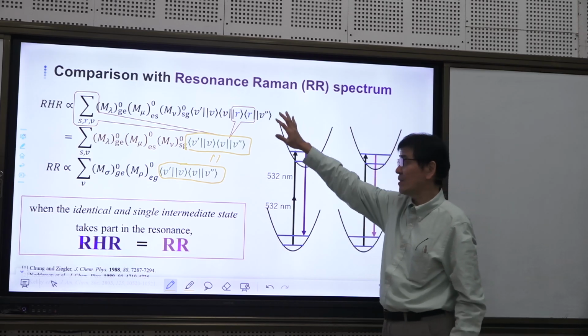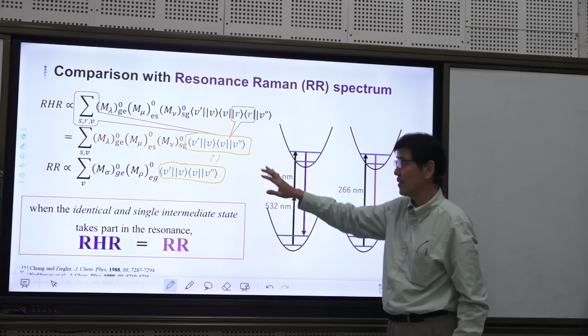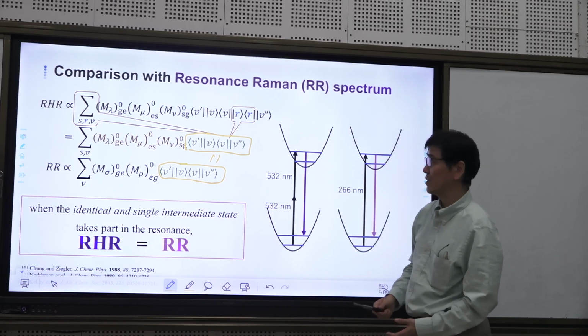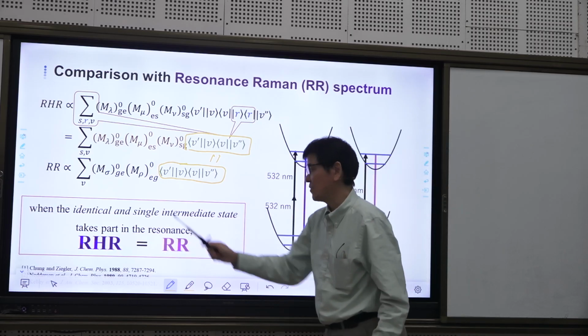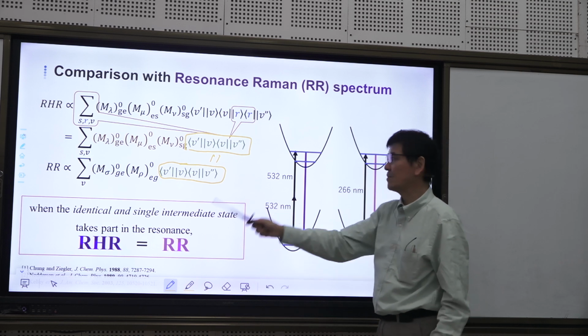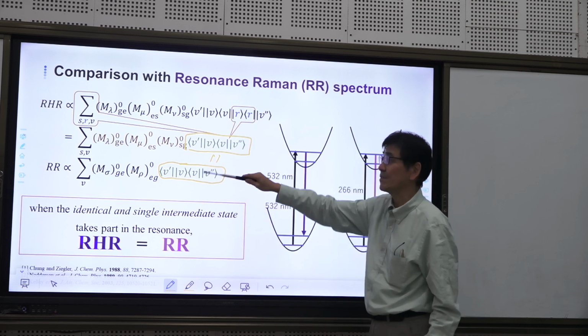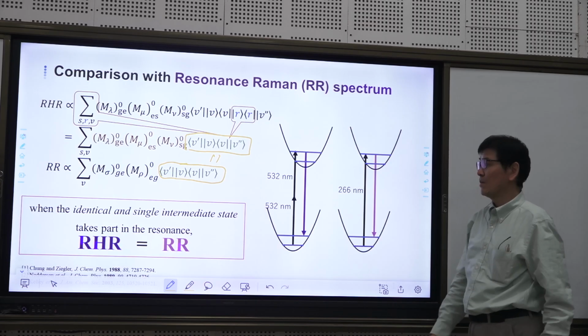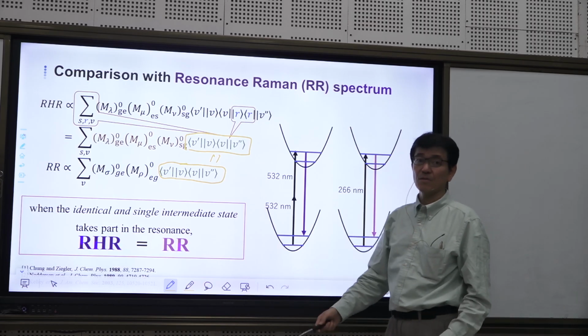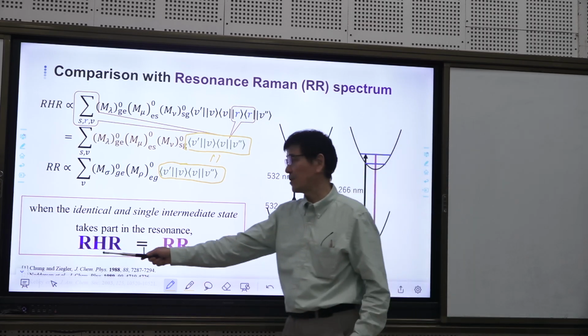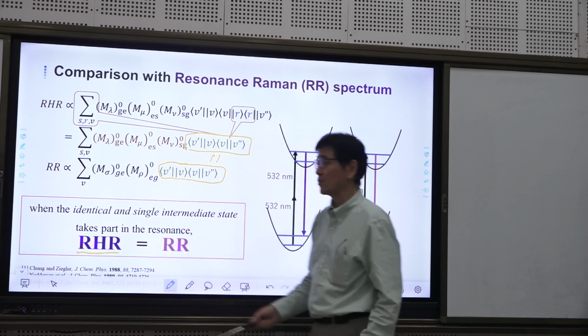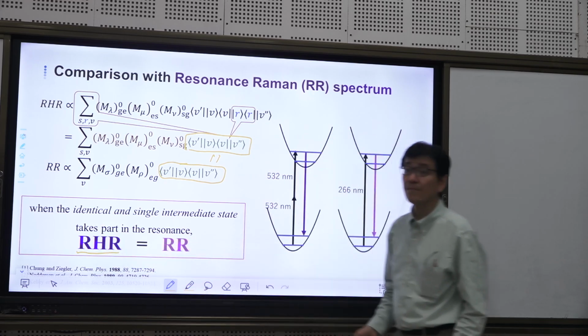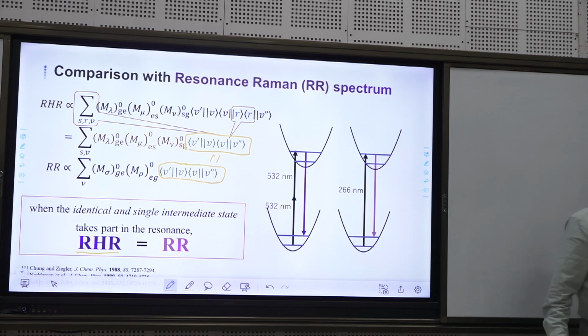About globular protein, it is shown that resonance hyper-Raman and resonance Raman are theoretically exactly the same. That is, there is no reason we should try resonance hyper-Raman spectroscopy because resonance Raman is much easier. Okay, still I'm pessimistic.